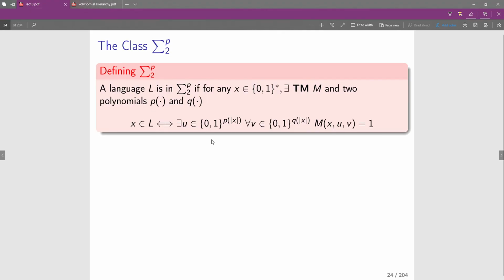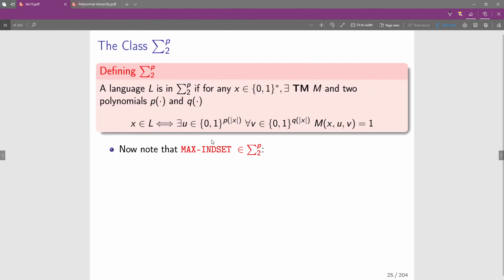So here we formally define what we mean by sigma 2p. A language L is in sigma 2p if for any input x there exists a Turing machine M and two polynomials p and q. X belongs to the language if and only if there exists a U of polynomial size and for every V of polynomial size the machine accepts it.